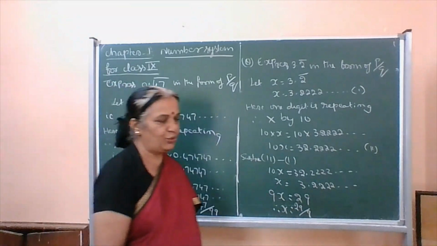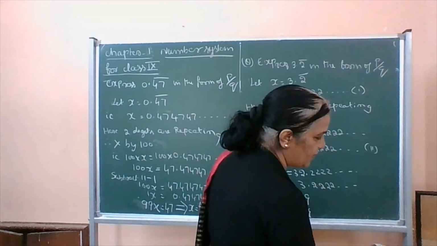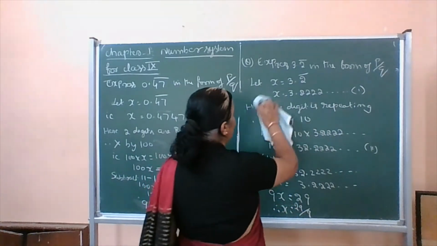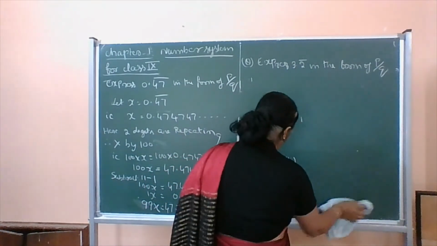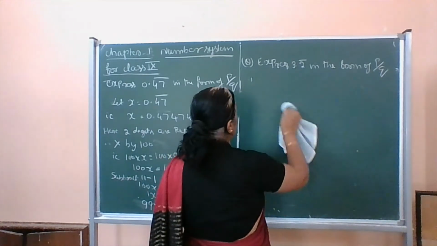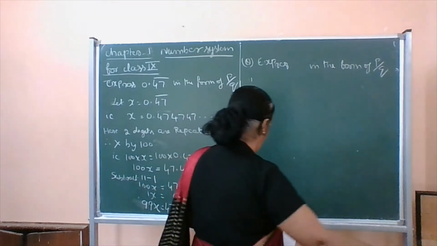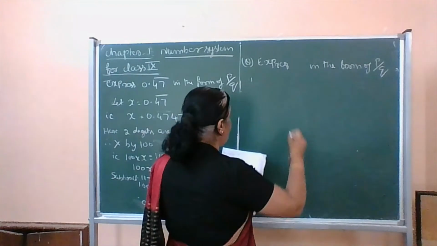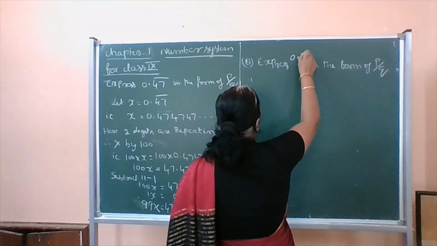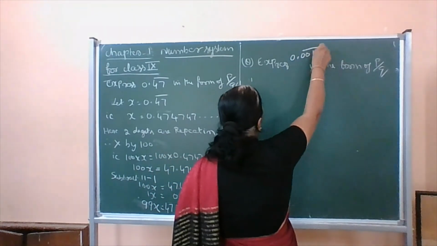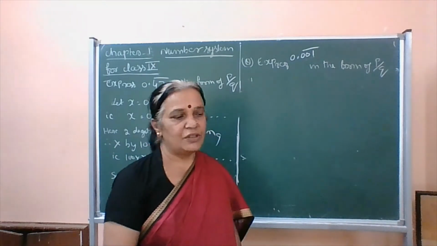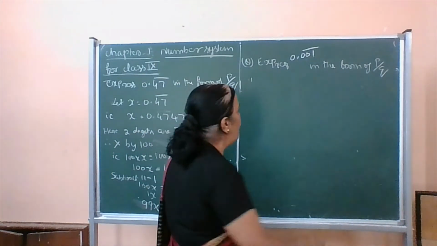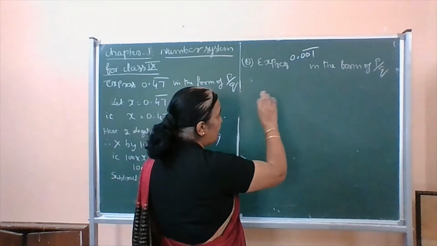And we are going to do one more sum related to this type of sums. That is express 0.001 repeating. How many numbers are repeating here?